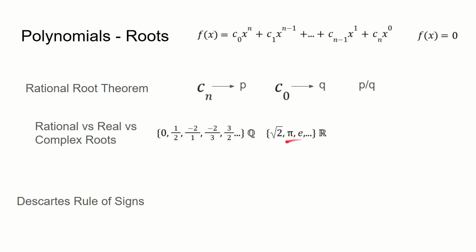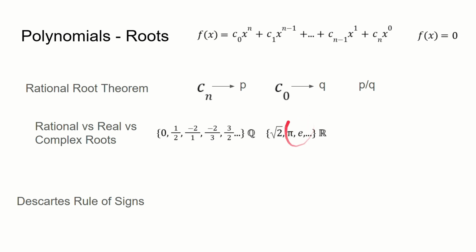So these cannot be the solution to polynomials with integer coefficients. If it's x plus pi, obviously pi is the solution, but if it's x squared minus 3, in that situation, the solution would be plus and minus root 3.